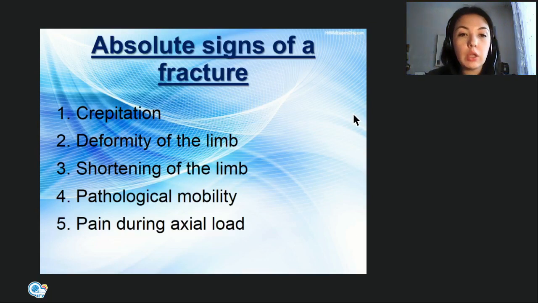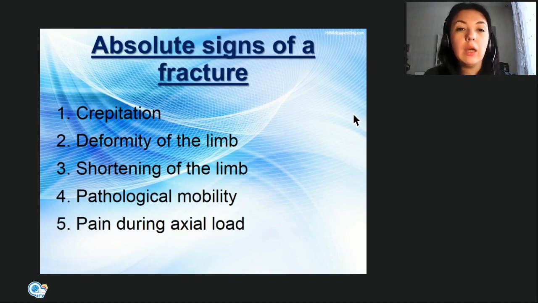What is crepitation? It is a special sound when one end of the bone touches another end of the bone. There is bony crepitation, which we see in a fracture, and there is also air crepitation, which we discussed in a previous lecture, when gas enters subcutaneous fatty tissue, and we also feel the same sound. It is crepitation.